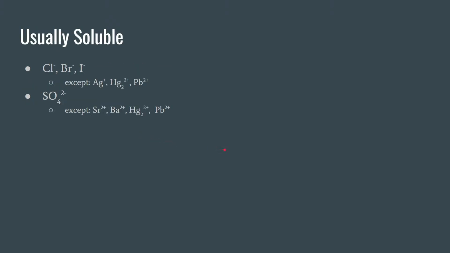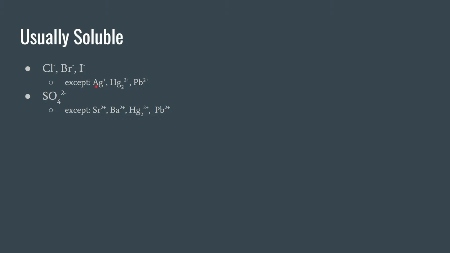Some ions are always soluble, some are almost always insoluble. But no matter what, if they're paired with one of these guys, then that compound is soluble in water. Now, these ions are usually soluble, but they have a few exceptions. Chloride, bromide, and iodide are almost always soluble, except if they're partnered with silver, mercury 1, or lead 2. So silver chloride, silver bromide, silver iodide are all insoluble.